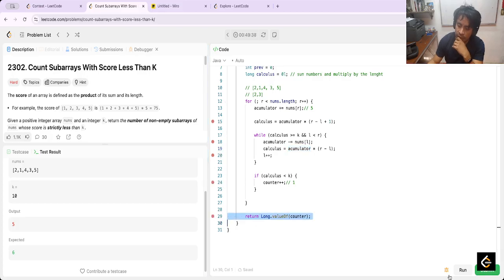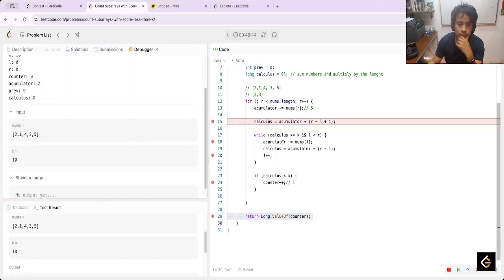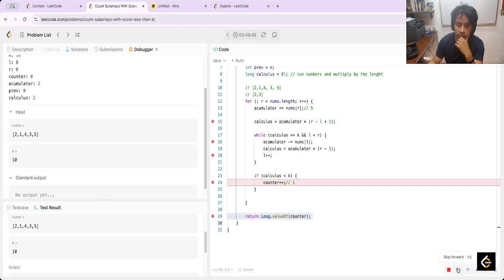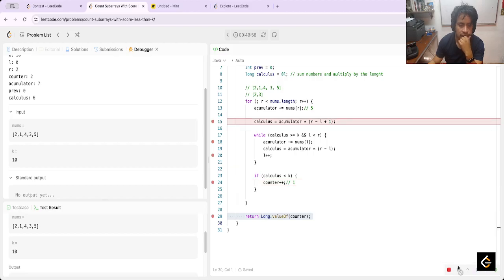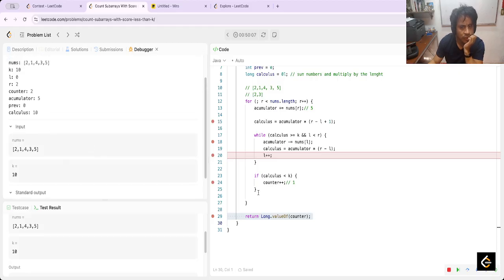Okay, definitely I need to debug this code. We have the 2, the counter now is 1. Now the next is 10. 10 is this. Calculus is 10. Why 10?